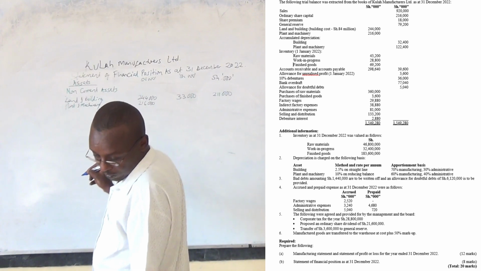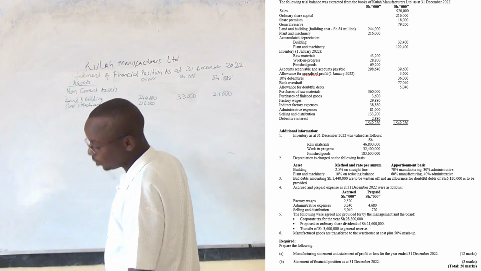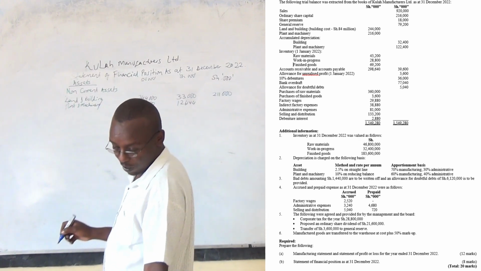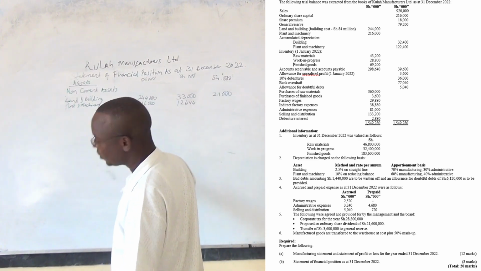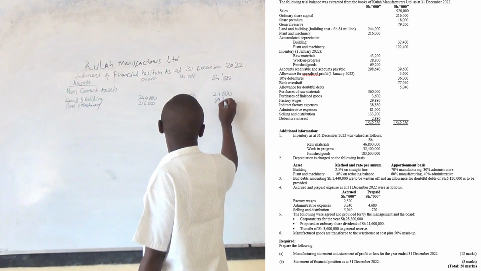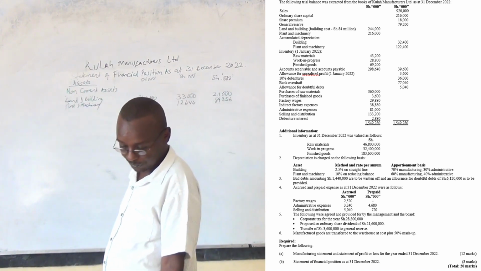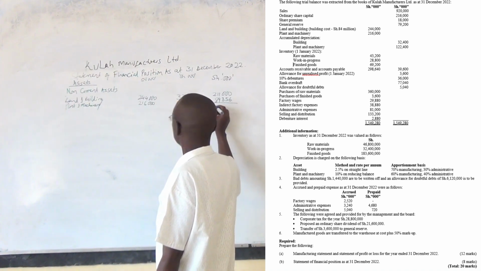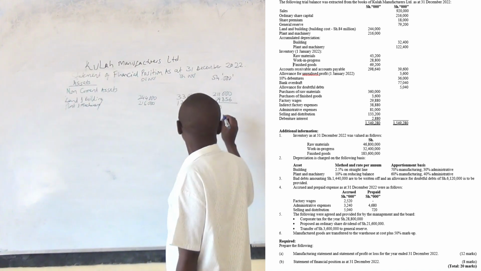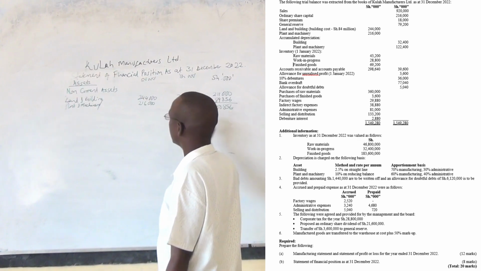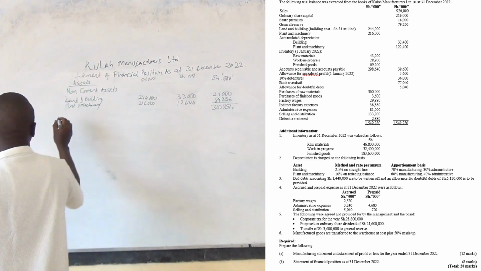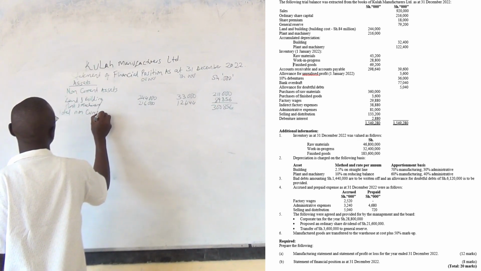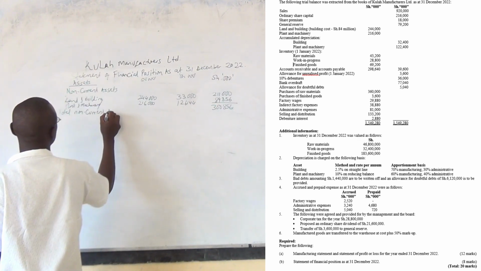Then depreciation is 126,144. The net book value is 89,856. So the total non-current assets is 300,856. This one is total non-current assets.